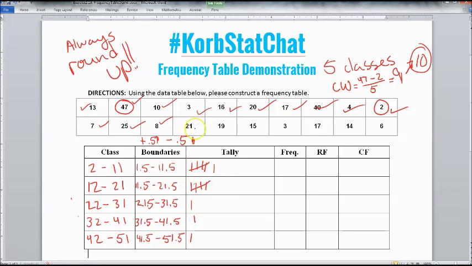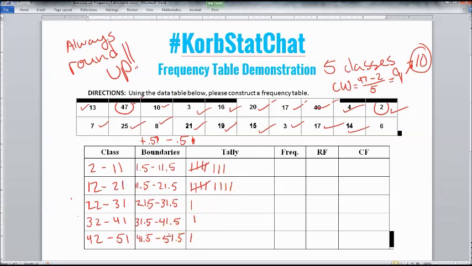As you can tell, it's kind of hard for me to do this while I'm talking, but we will continue on. 17, 14, and 6.